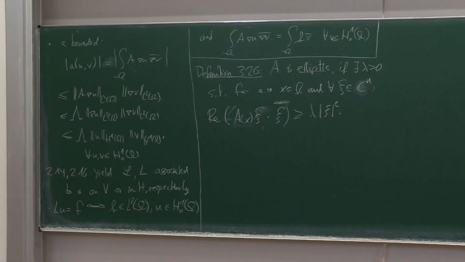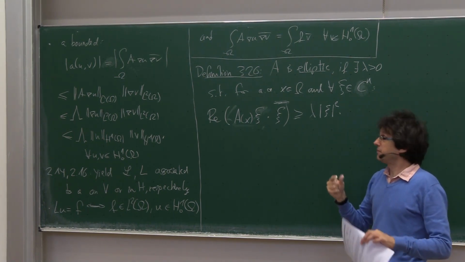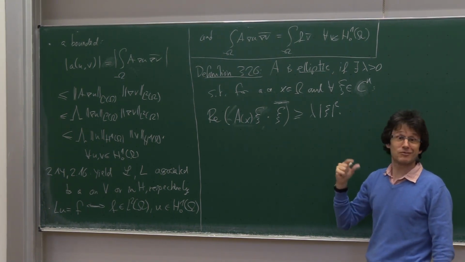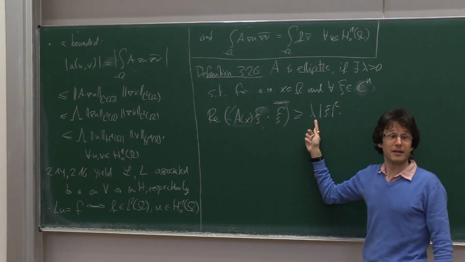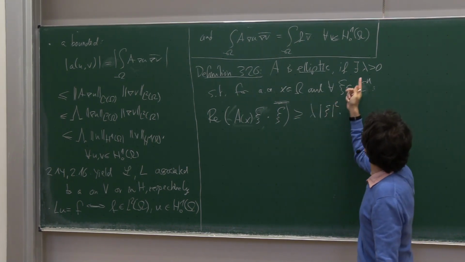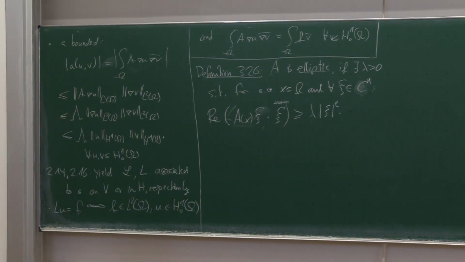Usually, capital lambda is a rather large thing, this is the infinity bound, and small lambda is a rather small thing. But it must be strictly positive. Otherwise, all the theory that we will develop now breaks down. Okay.